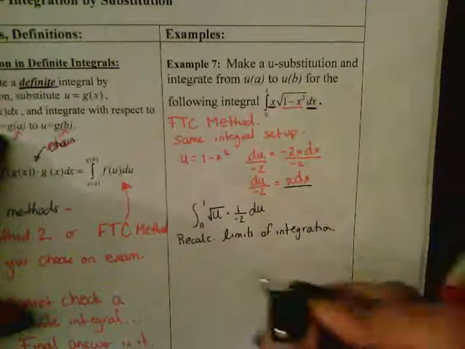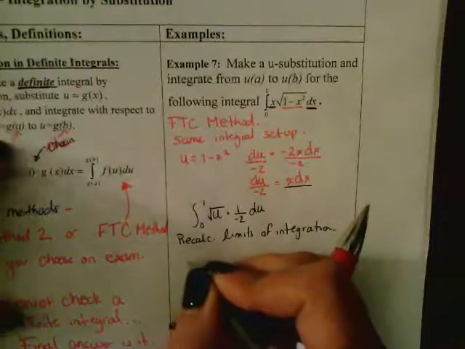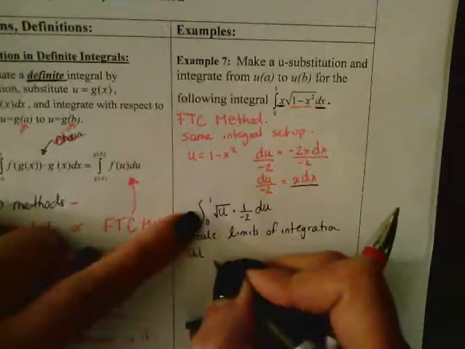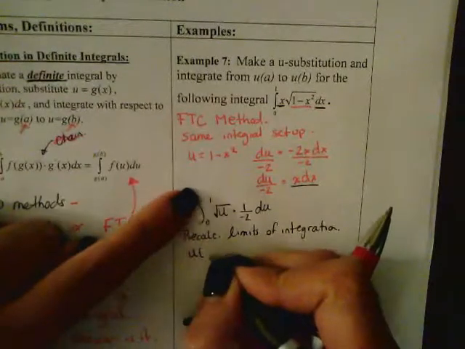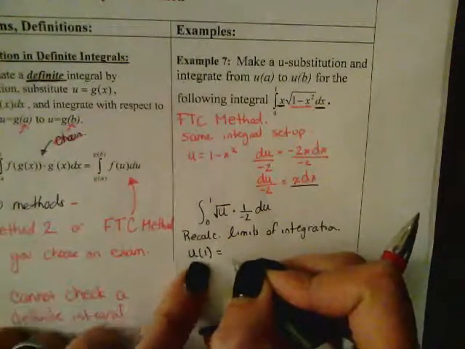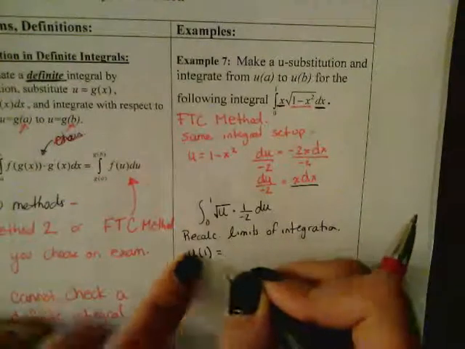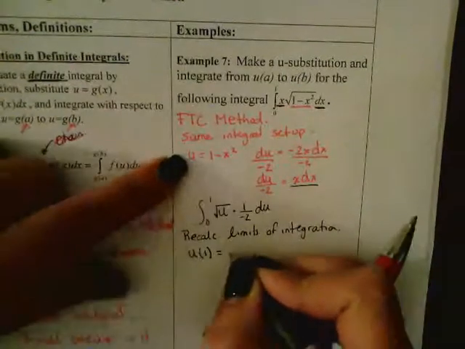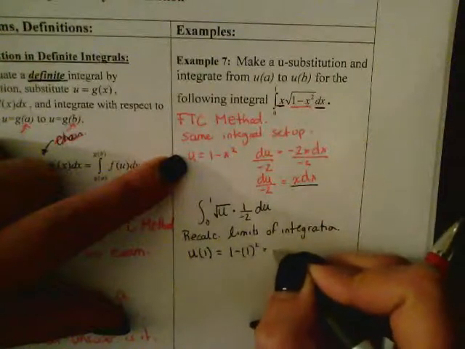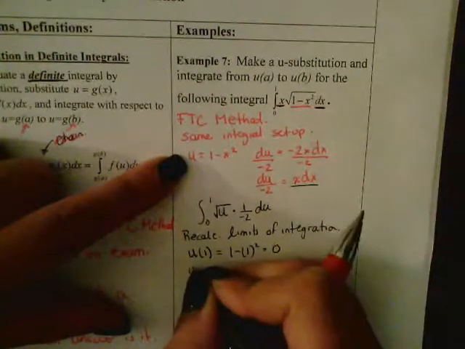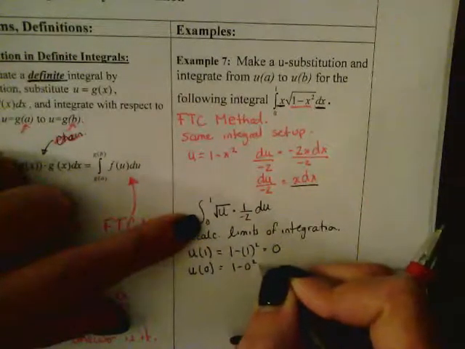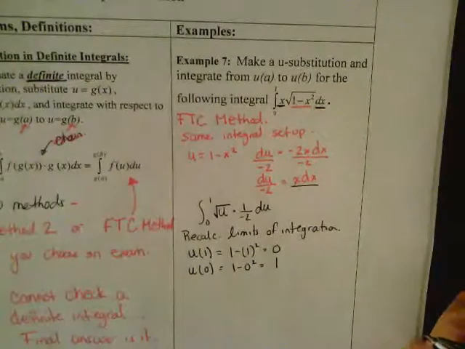We're going to say, all right, u of the upper bound is 1. What is u of 1? We take 1 and plug it into the u that we chose. So it's 1 minus 1 squared, which is 0. And then u of 0 is 1 minus 0 squared, which is 1.